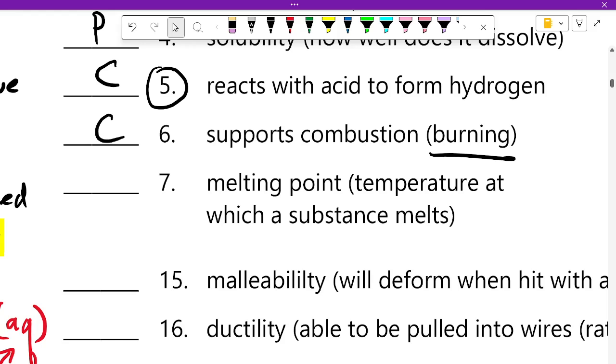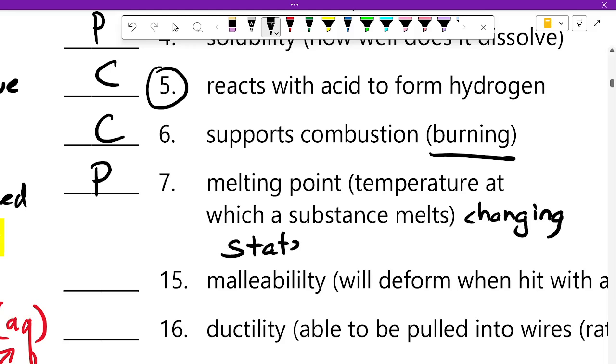Melting point, the temperature at which a substance melts. That's physical because we are changing state. If we are melting, what state are we changing from and what state are we changing to? We're changing from solid to liquid. Okay, and remember that's my L, but if you want to write a regular L, that's fine. Okay?